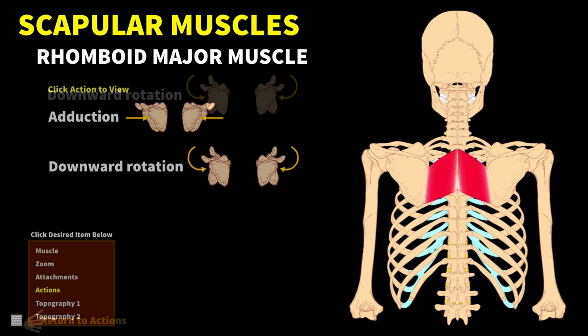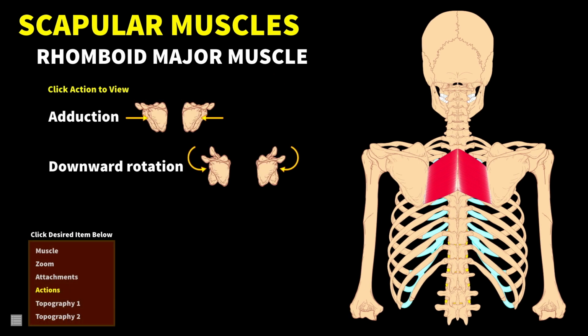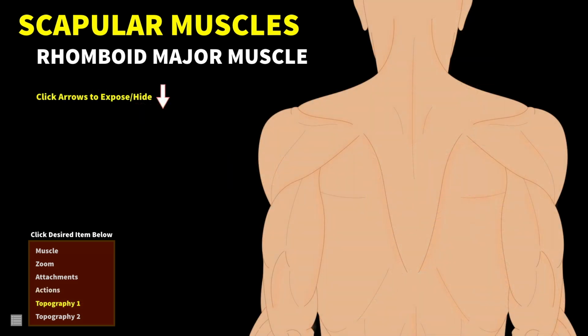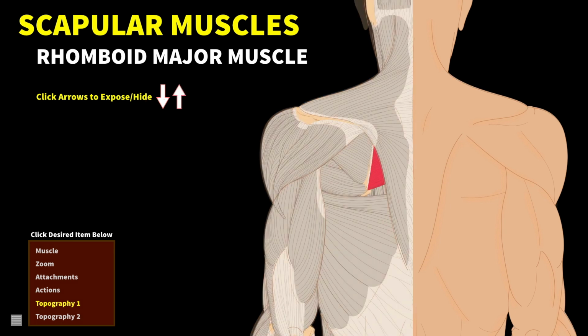To complete our understanding of the muscle, it is important to realize the relationships the muscle forms with other muscles, or the muscle topography. As you observe the skin-covered back, try to visualize the muscle through the skin. Let's look through the skin and see if we can observe the rhomboid major.